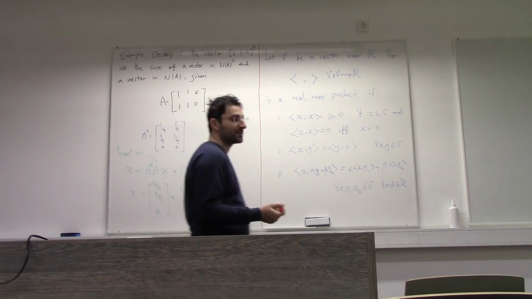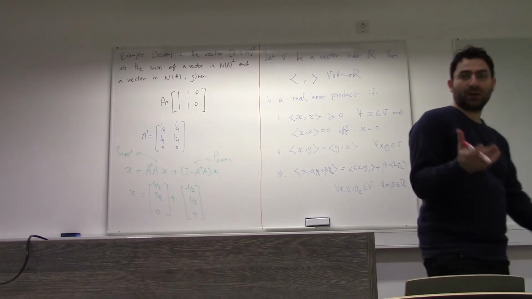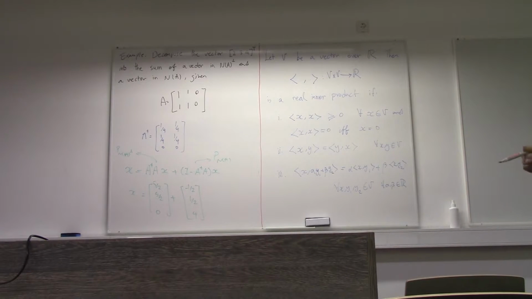For example, x can be a complex number, y can be a real number, and the result is a complex number.